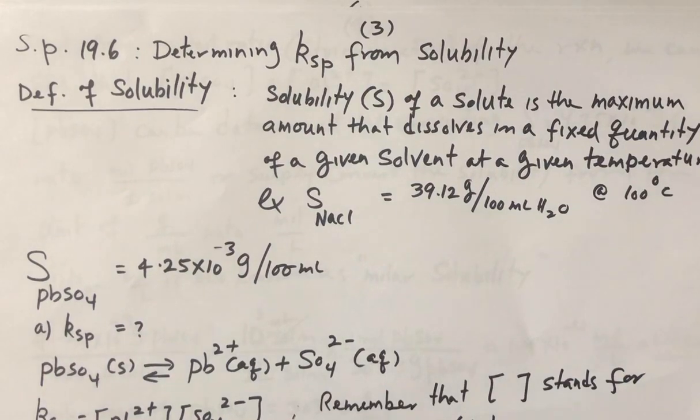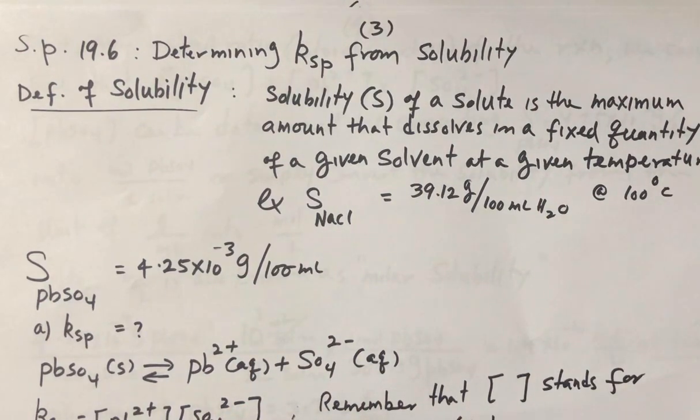Okay, so the Ksp is going to be the product of Pb2+ and SO4 2-, but they are in molar concentrations. Remember that the bracket stands for concentrations in units of molarity, or moles per liter. So in the context of solubility, we call them molar solubility.